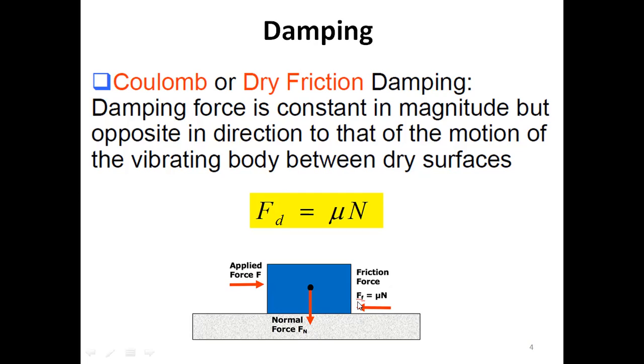It is constant in magnitude and not directly proportional to the velocity of the moving mass. So the damping force is modeled as F_d equals mu N, where N is the normal reaction and mu is the friction coefficient.